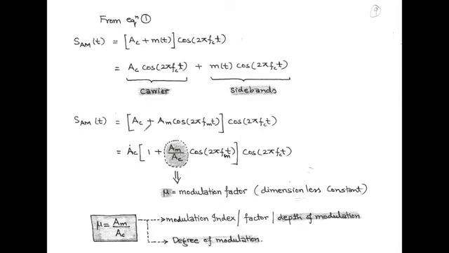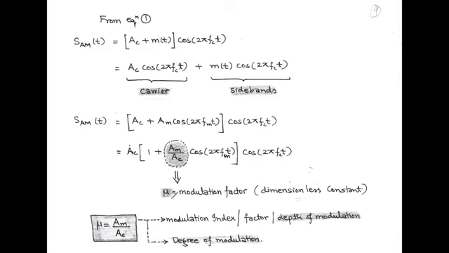Now we again take equation 1, but this time we put the value of the message signal, that is m(t) = A_m cos 2π f_m t. Now taking A_c common, we get within the bracket 1 + (A_m/A_c) cos 2π f_m t, into cos 2π f_c t.